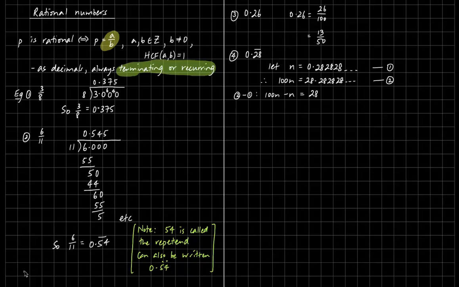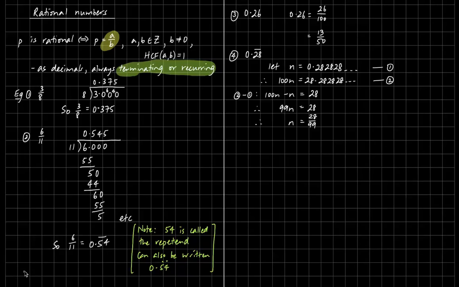So everything after the decimal place is going to be subtracted because what's after the decimal place is identical, isn't it? So what I'm left with then is 99n is equal to 28, and therefore n equals 28 over 99.